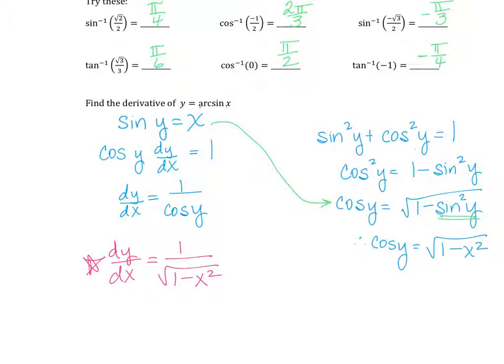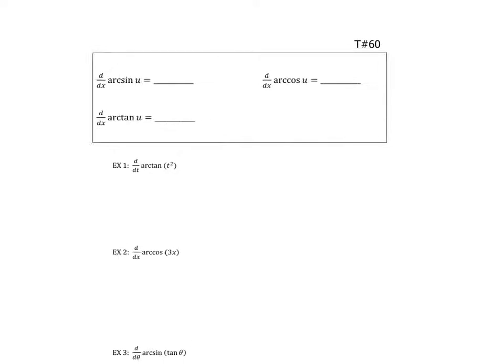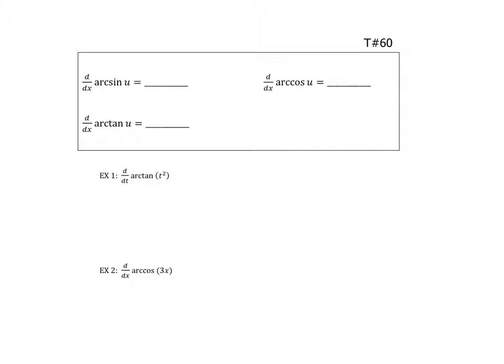So that's just to show you where it was, and you know that, of course, this argument is not going to be x. So what does it come down to? Well, it comes down to this. The derivative of arc sine of u, where u is some function of x, just like we did, we got the square root of 1 minus u squared on bottom.